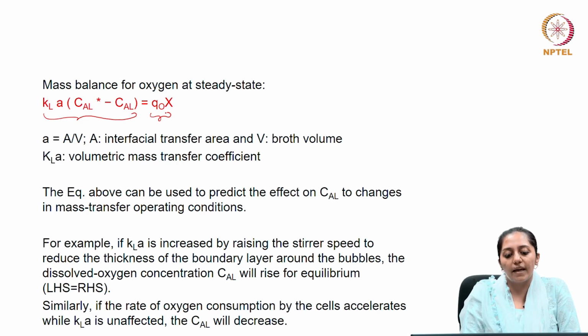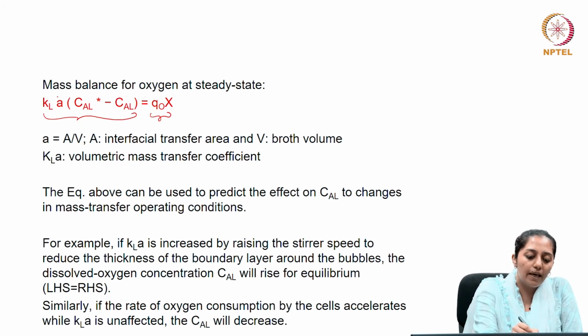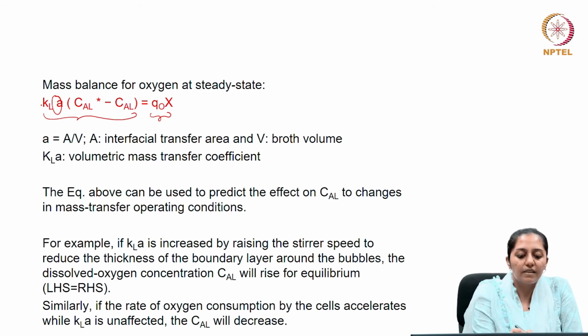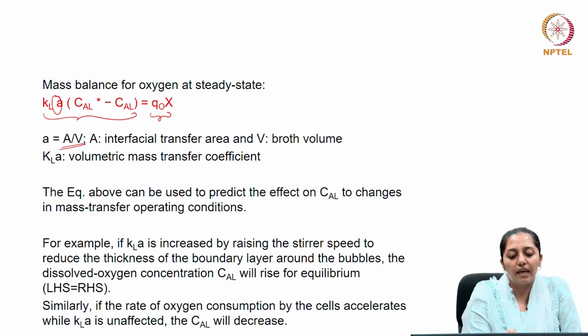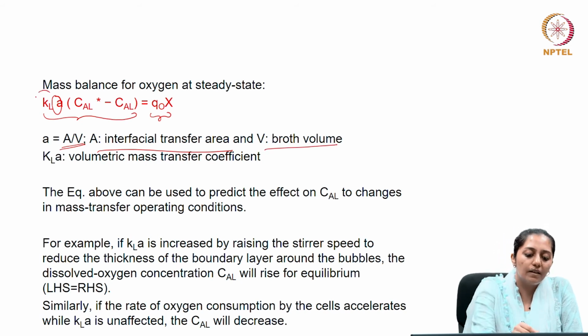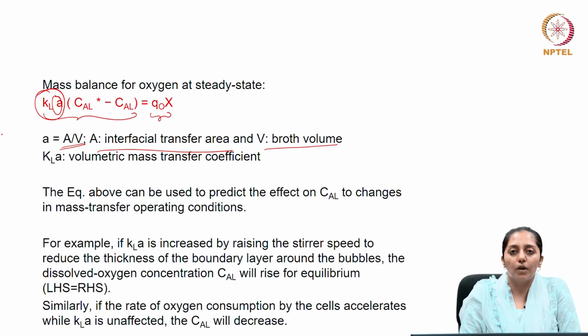Now, this q naught X is the oxygen uptake rate, where small q naught stands for the specific oxygen demand of the culture, and X is the biomass concentration. Now, this small a is given as capital A by V, where A is the interfacial transfer area and V is the broth volume, and KLa together is called the volumetric mass transfer coefficient.